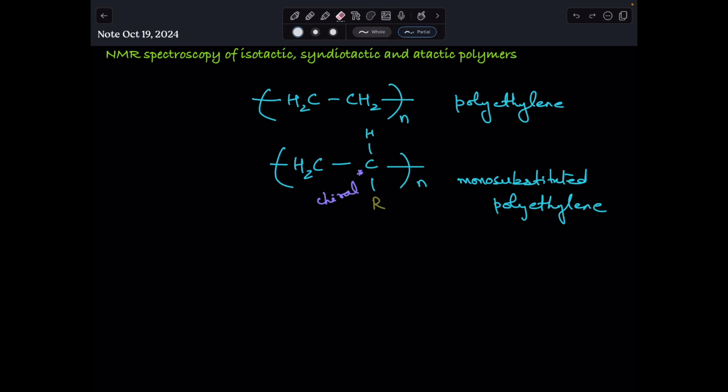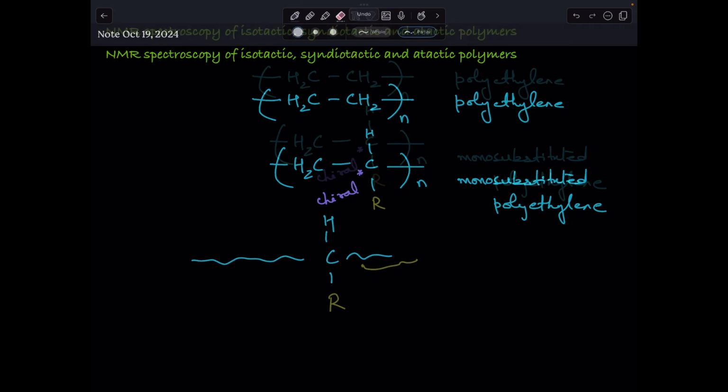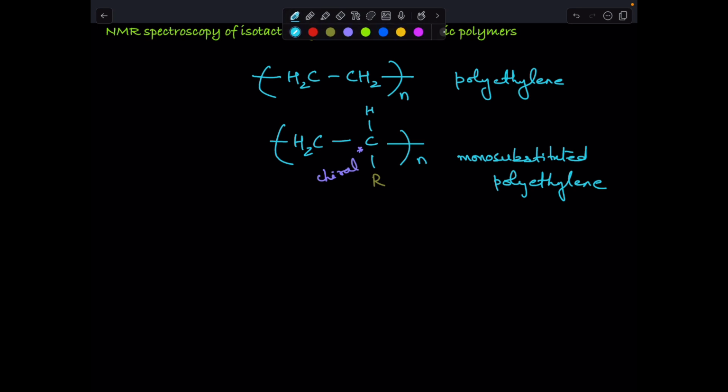We can write this polymer chain as, because the chain here and the chain here are different. So we can write this chain like this.